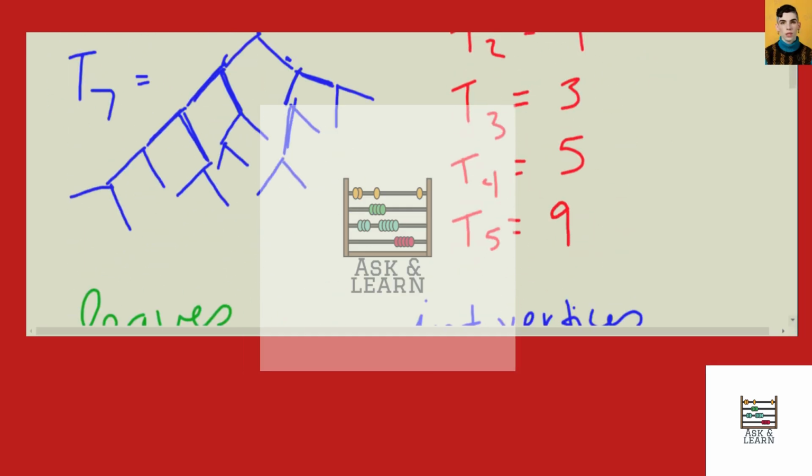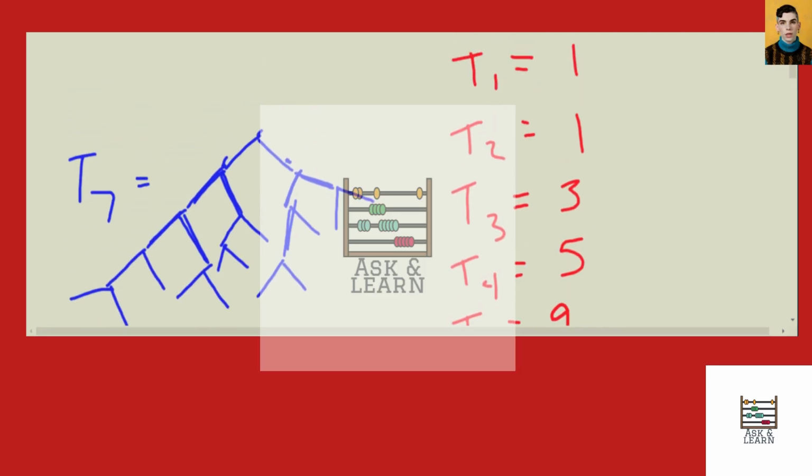So let's see if we can figure out how these are related. Typical Fibonacci goes back to the previous 1 or 2, but since we're using left and right, if we look at T3, we have 3. So we could take T1 plus T2, and then add 1. Let's see if that holds for T4. If we add T2 and T3, that gives us 4, so plus 1 would be 5.